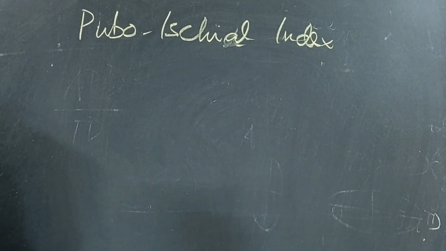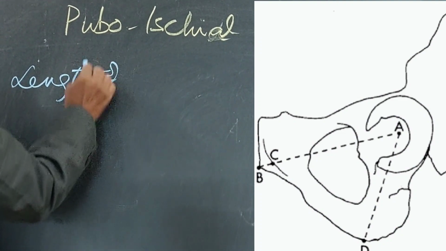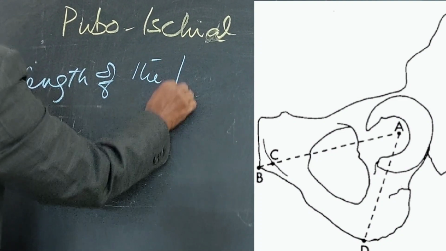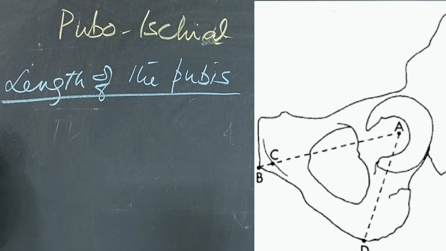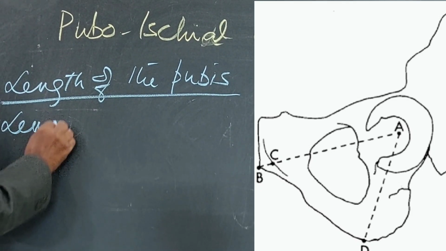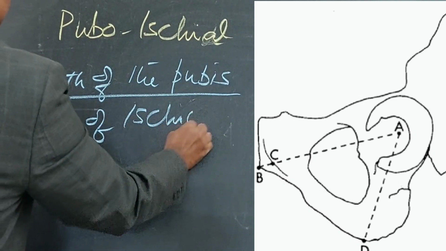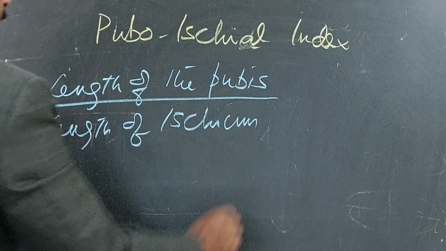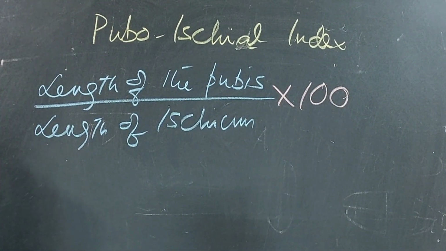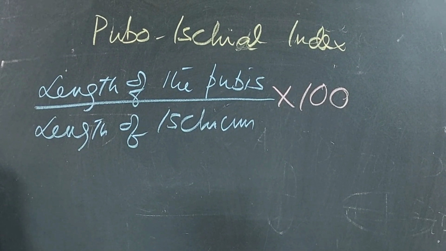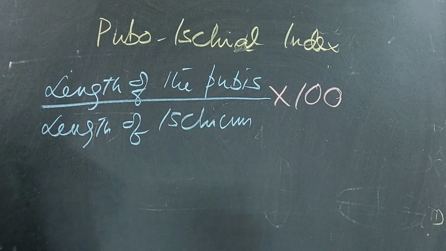It is measured by the length of the pubis divided by the length of the ischium, multiplied by 100. This is called the puboischial index.